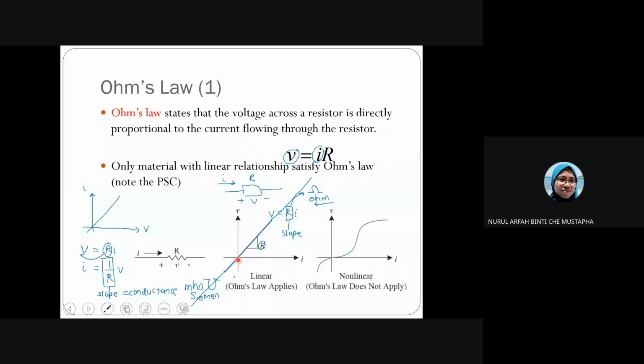Right? The current. Ohm's law. If you draw this current, you will draw like this. Let's look here then.